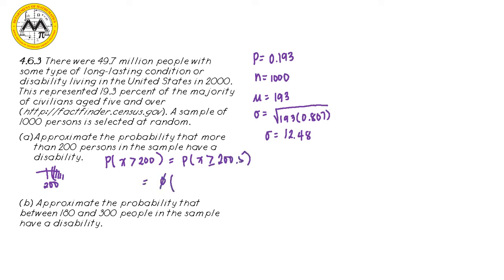So this is 1 minus phi of (200.5 minus 193) over 12.48. So that would be 2.12, so phi of 2.12 is 0.983.